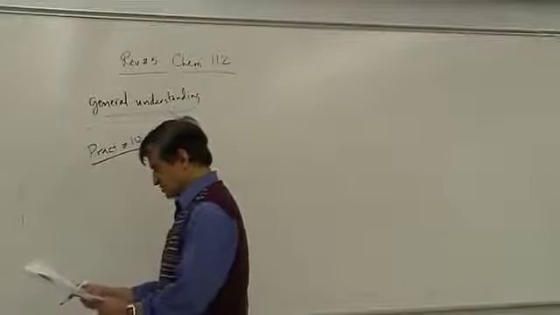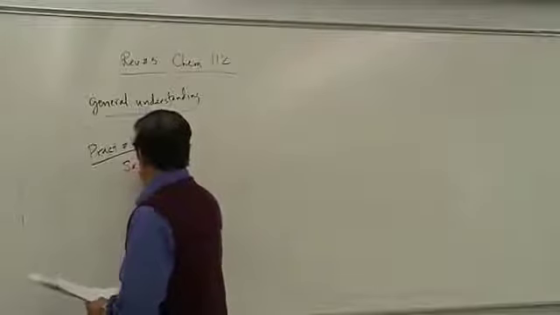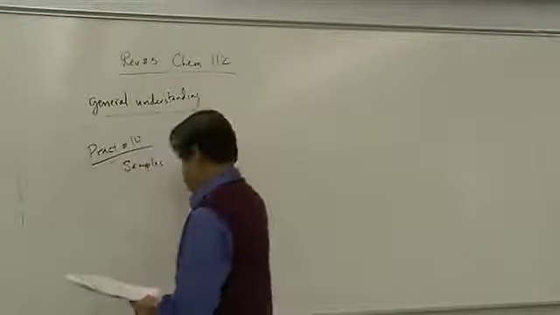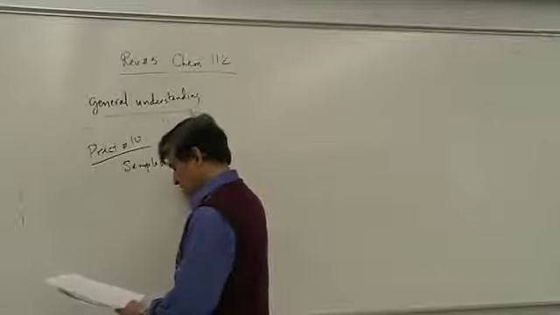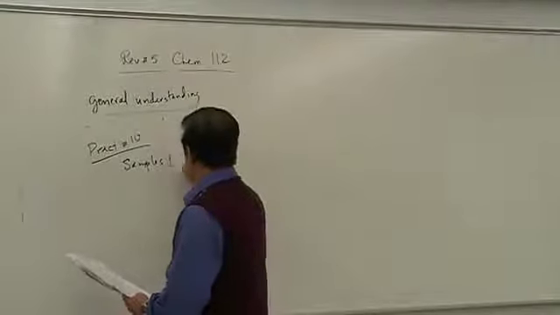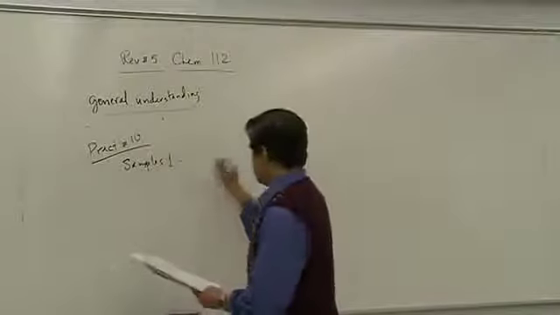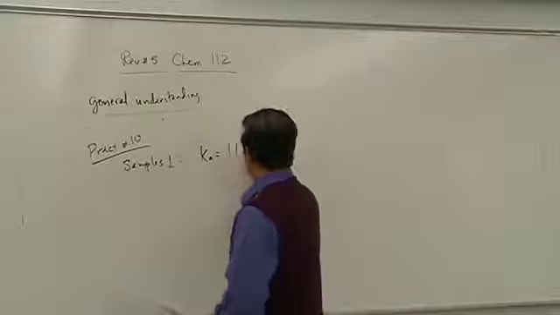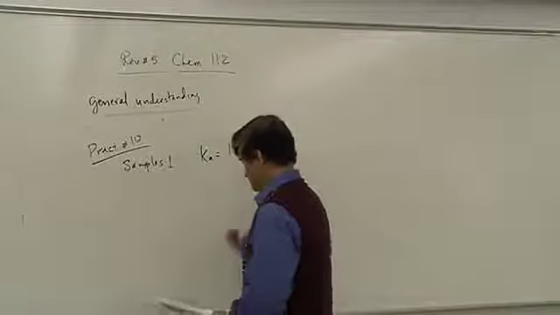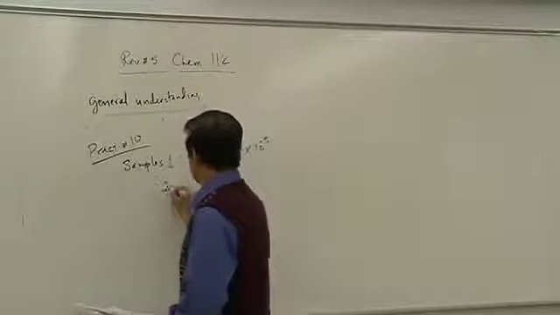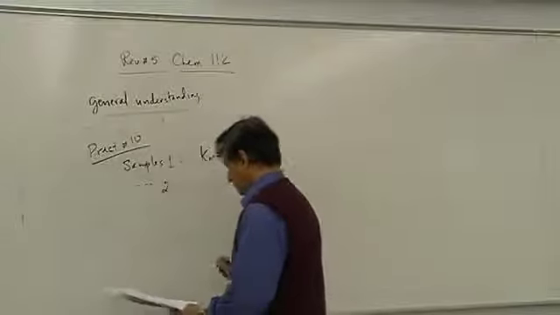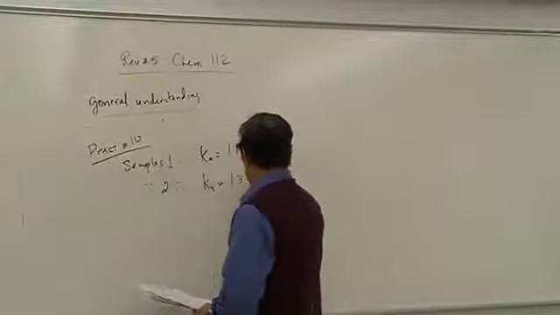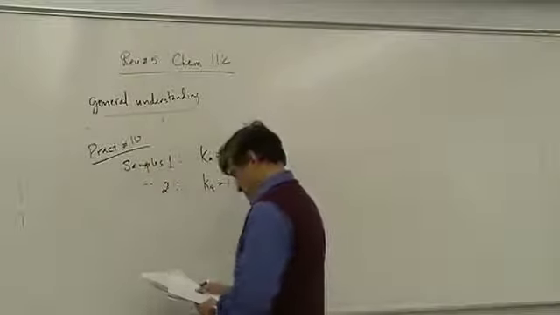Say I'm going to write down 3 different samples and their Ka values. So I have, say, one sample solution has Ka equals 1.1 times 10 to the negative 5. And I have sample 2 with a Ka value of 1.3 times 10 to the negative 6.